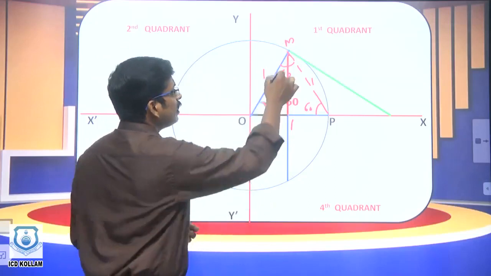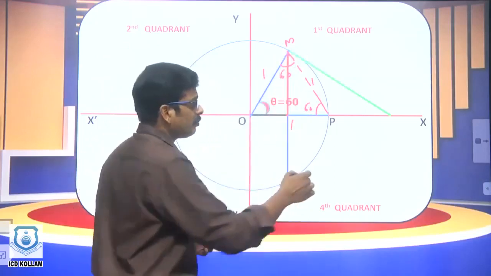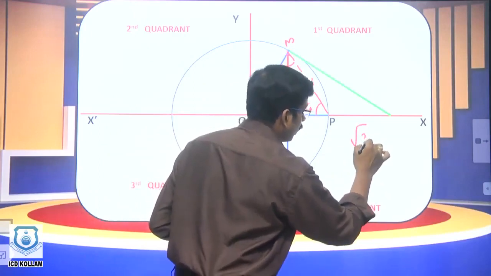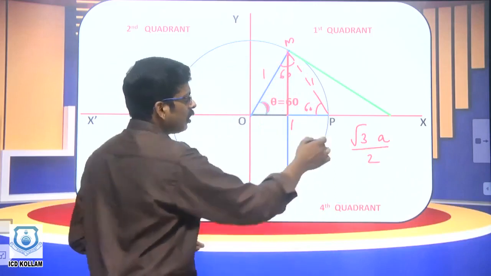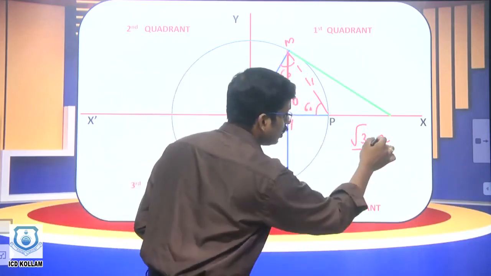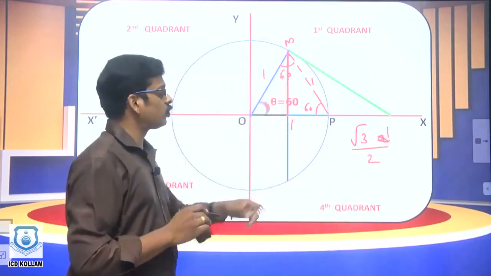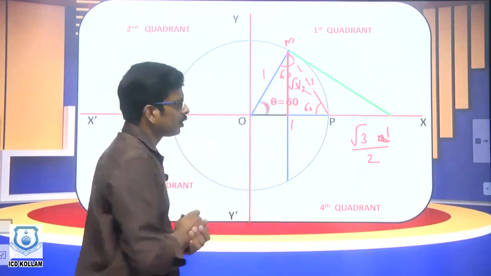And we can find the altitude of the equilateral triangle by the equation root 3 by 2 A, where A is the side of the triangle. Here A is 1, so we get root 3 by 2.